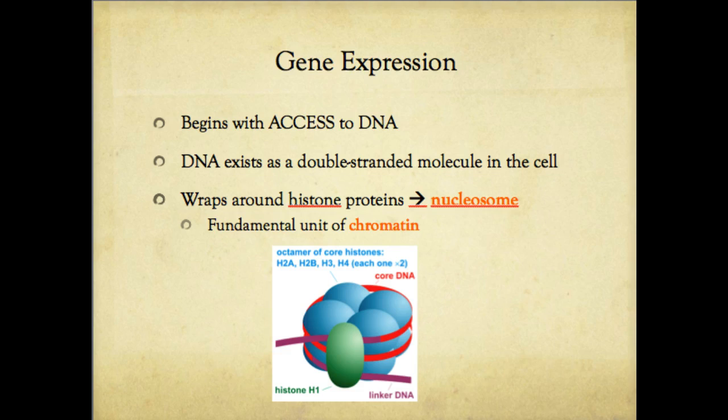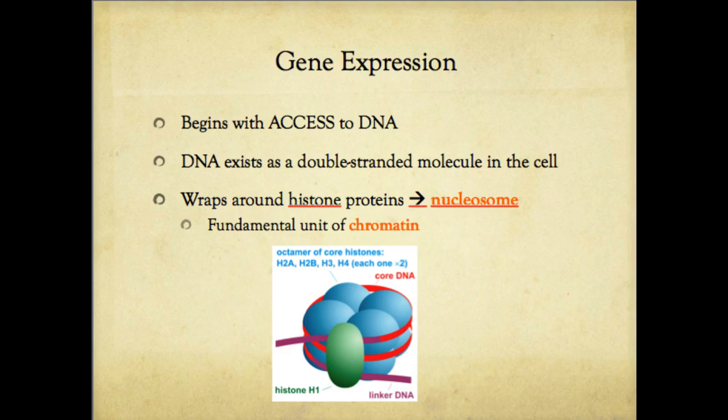The functional unit of this folded, wrapped DNA is called the nucleosome. Remember, the double helix wraps twice around a group of these histone proteins, and then it goes and wraps twice again around the next group of histone proteins, and then it wraps twice around the next group of histone proteins, and it creates what we call beads on a string.